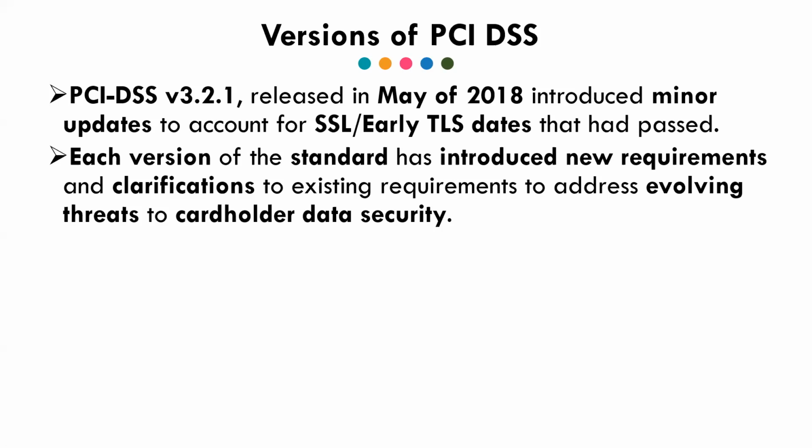Now it is going to be left with only version 4, right? There's not necessarily a change every 2-3 years, but depending on the change in technology and depending on the change in threats and vulnerabilities in cybersecurity, that calls for change in this standard, right?